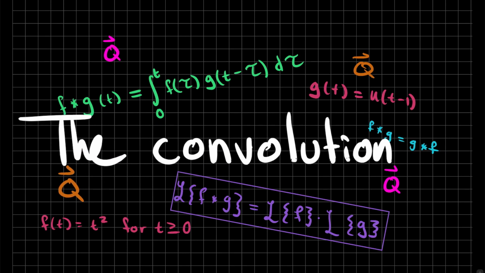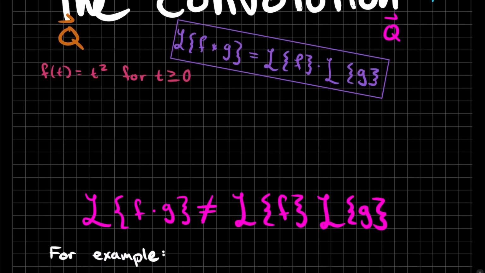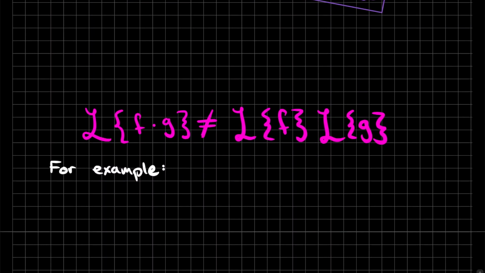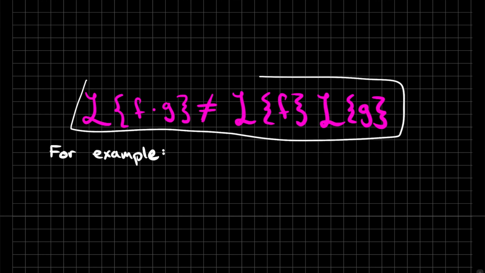The convolution comes up naturally in solving ODEs using the Laplace transform. Before we introduce what it actually is, let us talk about why this would be useful. Looking at the Laplace transform, something we want to point out is that we don't have this property that we wish.